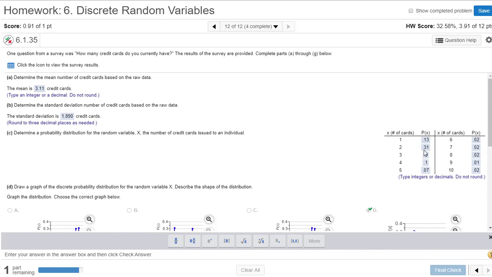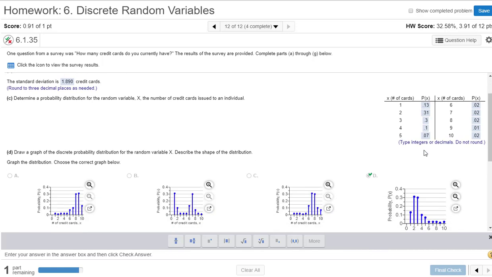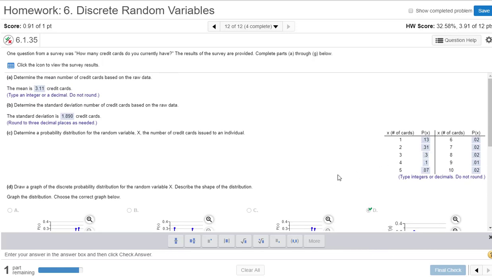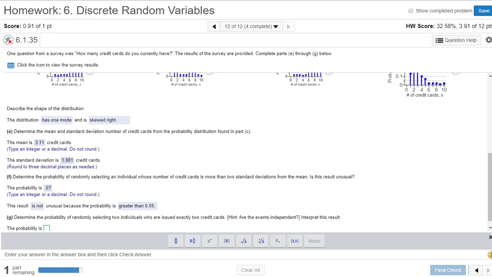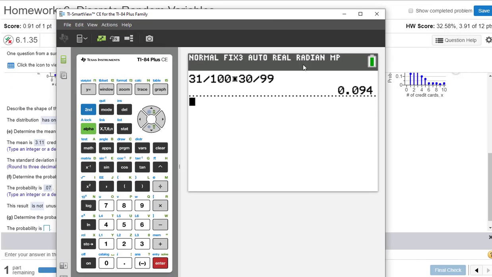So 31 out of 100, or 0.31, times, now we're selecting without replacement. So technically we would need to do 31 over 100 times, now how many people are left in the pool that have 2 credit cards? Right, 30. And how many people total are there? Good, 99. So we multiply those together. And that's going to give us 0.094.